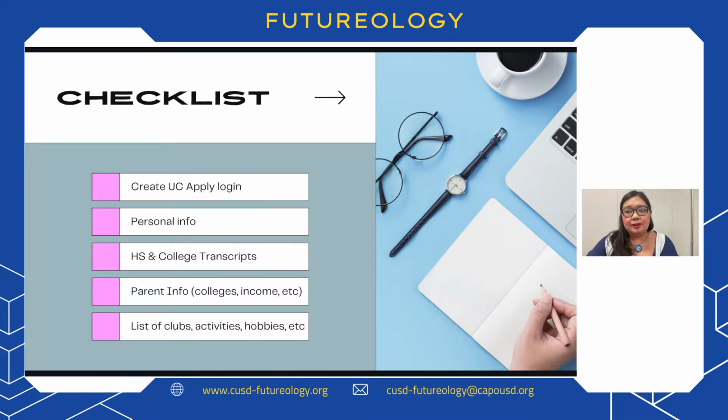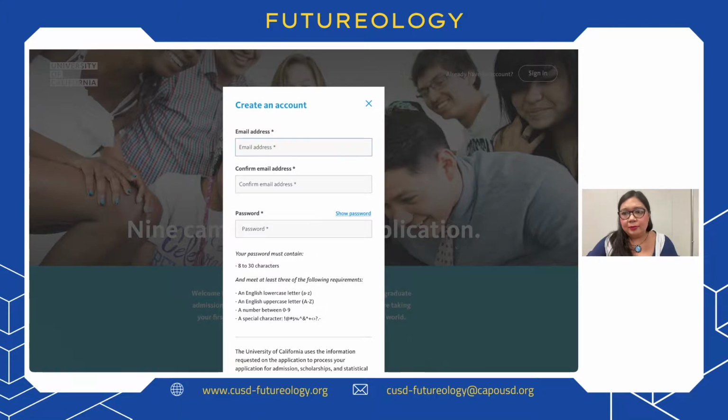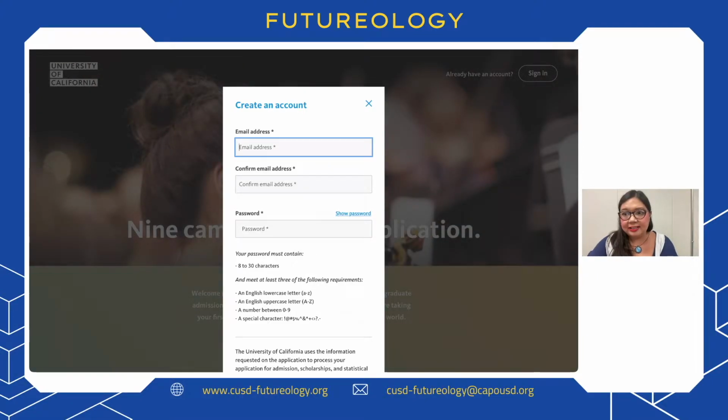So first, before you start on the application, you want to create your UC Apply login. It's very simple to do. You just go on the website and create an account. When you create an account, you'll have a pop-up, and you will enter an email address, and make sure it's an email address you will be regularly checking.